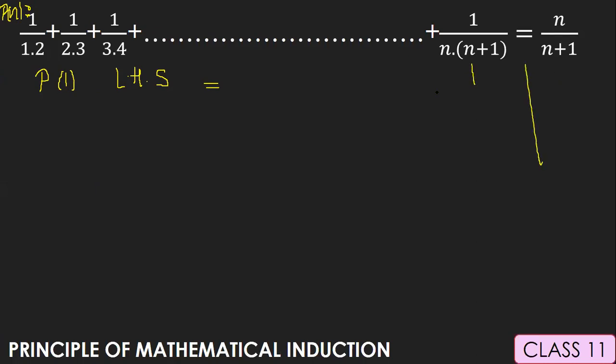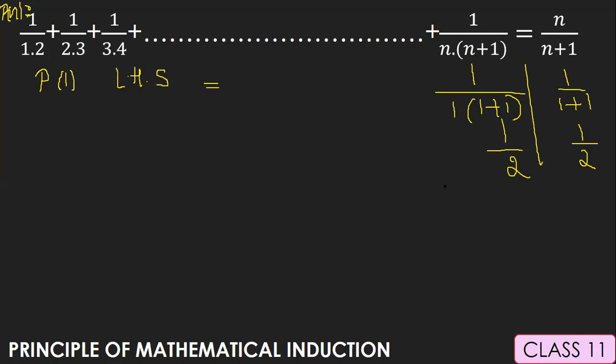So LHS would be 1 upon 1 into 2, that would be 1 upon 2, right? And this RHS, 1 upon 1 plus 1, would also be 1 upon 2. Hence it shows that it is true for n is equal to 1.